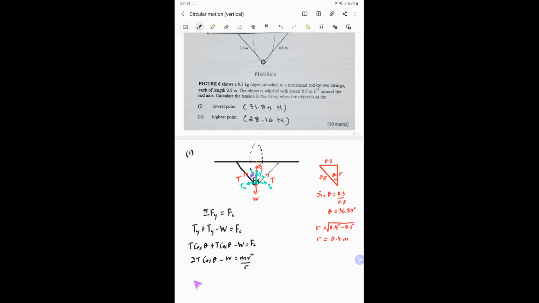Okay, so 2T cos 36.87 minus W equals, W equals mg. The mass given here equals 0.3, isn't it? g is 9.81, equals mass 0.3 again.